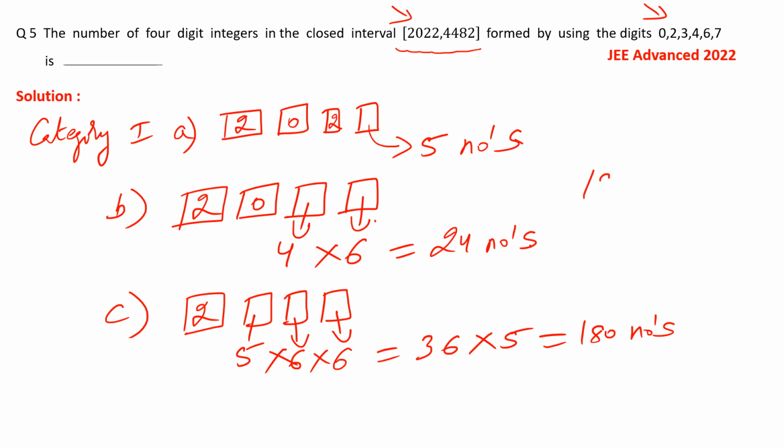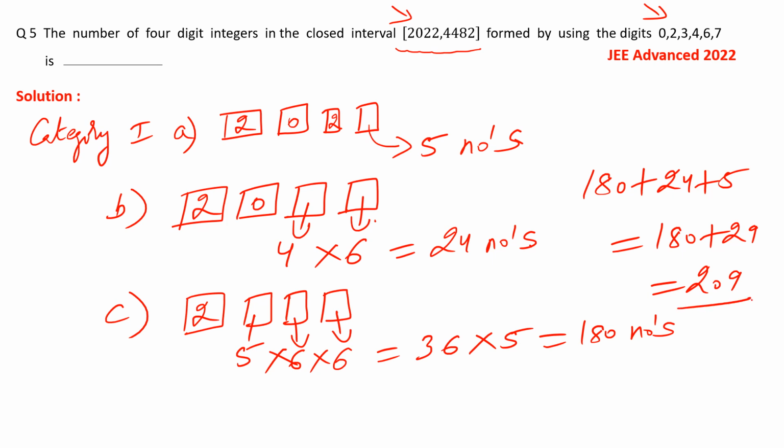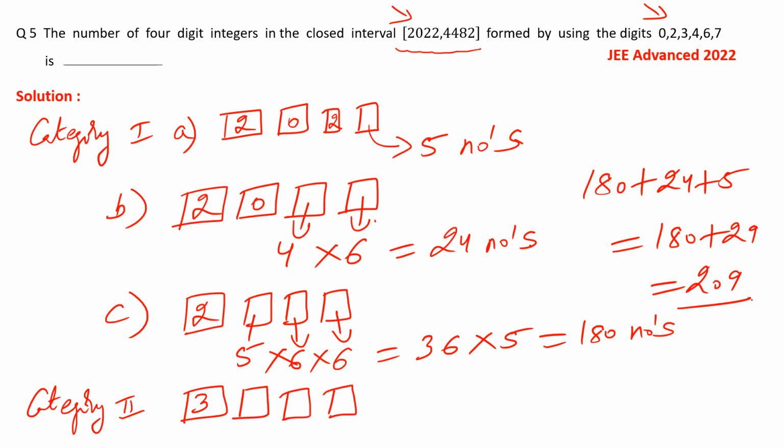So that means in this particular category, I am going to have now 180 plus 29. So this becomes 209 such numbers, right? Now we move to the second category. And the second category is of those numbers which will have their first digit starting with 3. Fine.